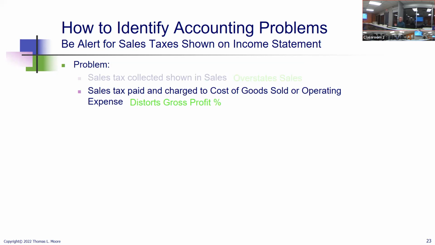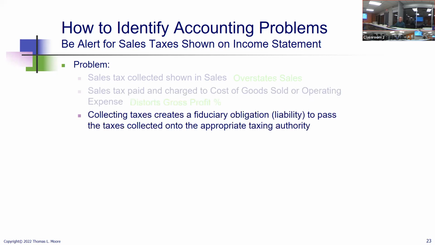Sales tax paid and charged to cost of goods sold or operating expense distorts gross profit. If you're collecting taxes, this creates a fiduciary obligation, a liability to pass the taxes collected on to the appropriate taxing agency. So generally, the way this works is during the month, you will collect taxes from the sale of your products.